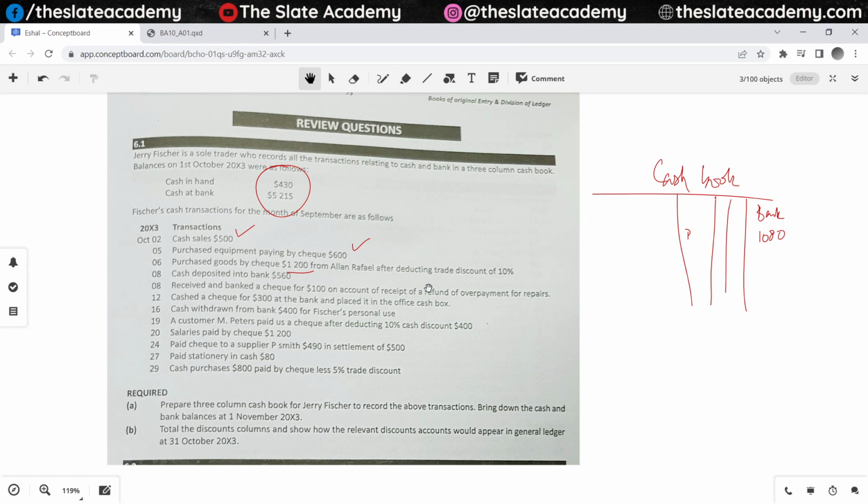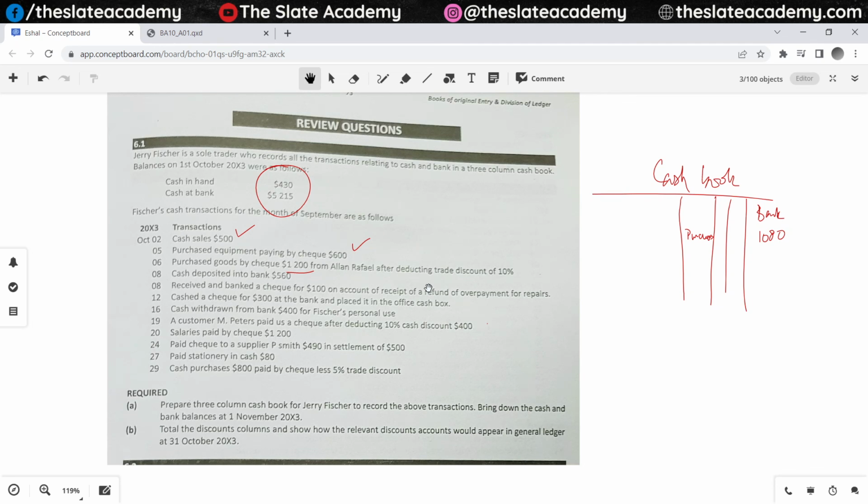Purchases, no entry in the discount column, because in the discount column we note cash discount, not the trade discount. And in the purchases T account also, or in the purchase day book, this entry would be noted as 1080 by the reduced amount. Similarly, cash deposited, same.